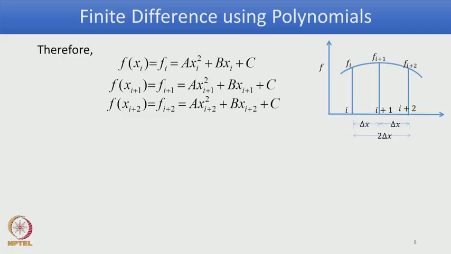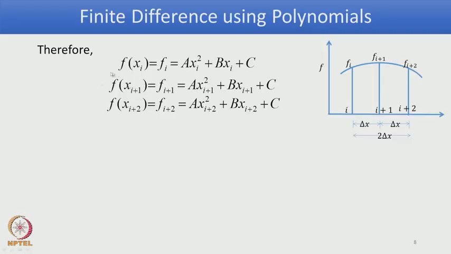Why do we express the function at 3 points? Because we have 3 coefficients a, b, c for the quadratic polynomial a x squared plus b x plus c. So, you can immediately get an idea: if it is a polynomial of degree 5, then we need the function value evaluated at 5 nodal points.